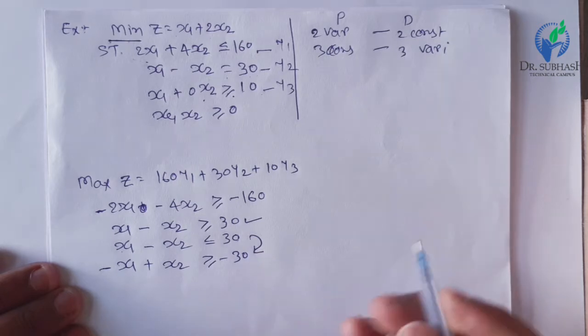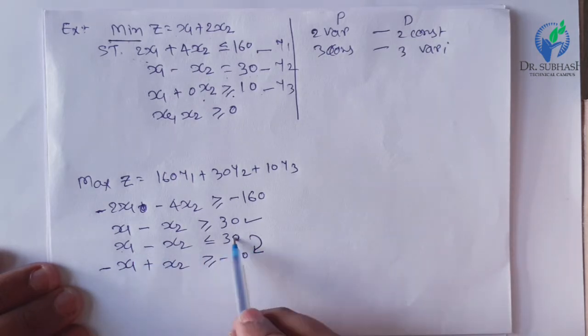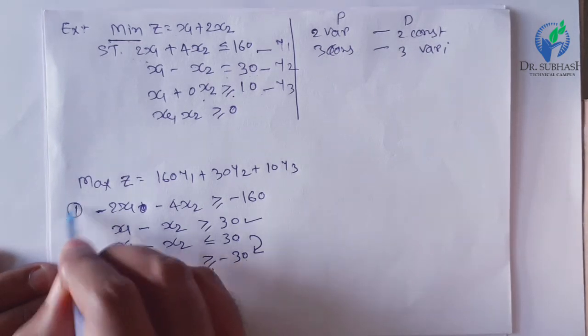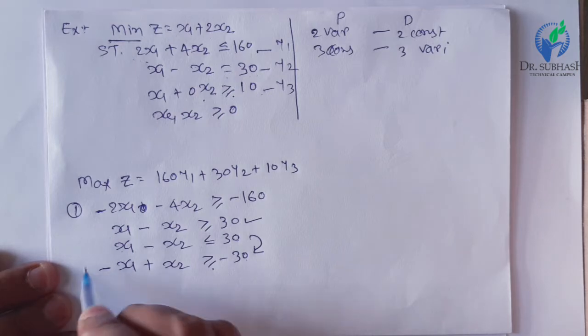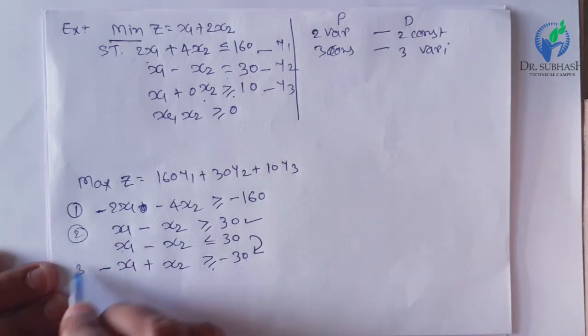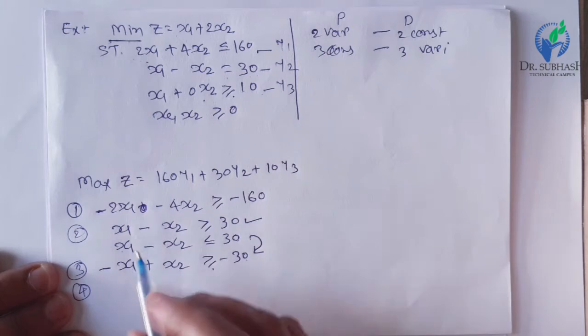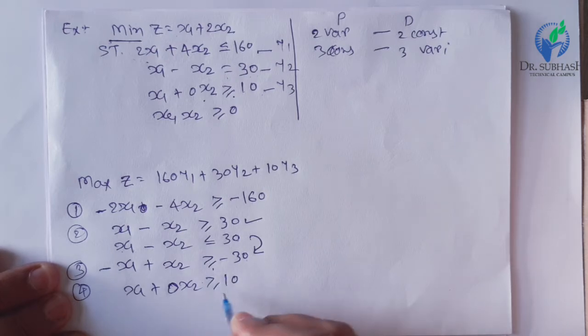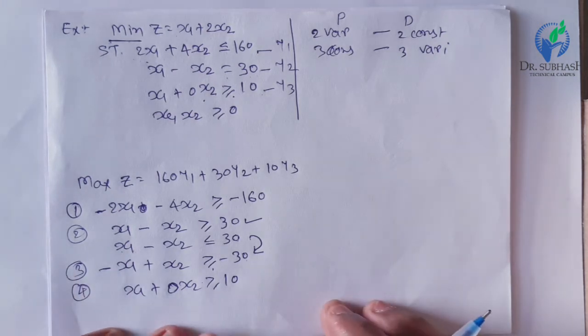So we have converted this constraint from the less than or equal to sign to the greater than or equal to sign. So this is constraint number 1, this is constraint number 2, this is constraint number 3, and the last constraint would be x1 plus 0x2 greater than or equal to 10. No need to do any modification, as it is already a greater than or equal to sign. So here we have a total of 4 constraints.